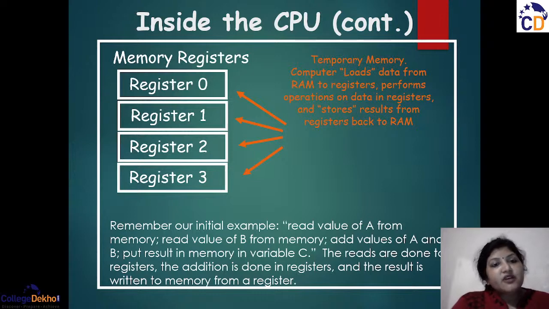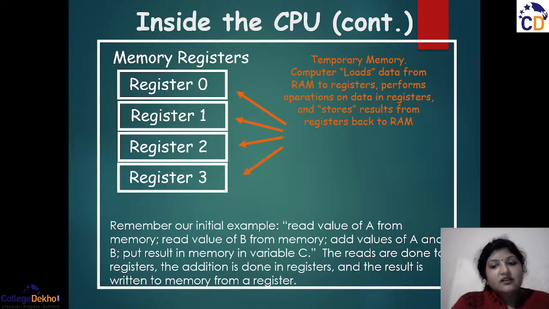So suppose we are talking about memory registers, it may have register 0, 1, 2 and 3. Starting with the example: read the value of A from memory, read the value of B from memory, add the values of A and B and put the result in the memory variable, that is C.